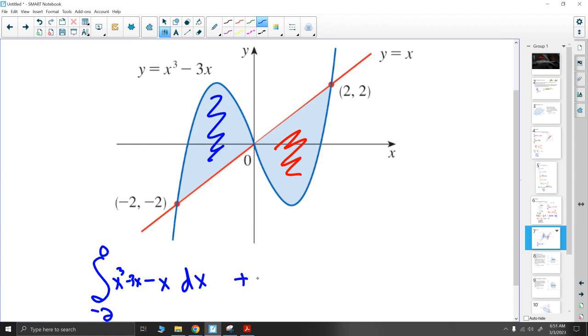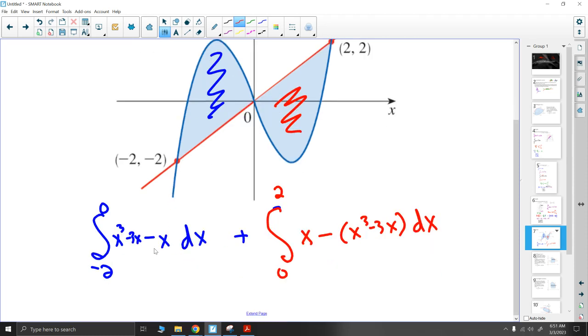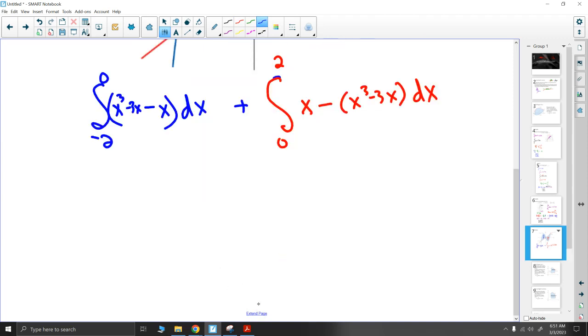Okay, then we're going to add that to the integral where the red function is bigger, so that's from 0 to 2, and that would be x minus our lower function, which would be x cubed minus 3x, dx. Okay, I should technically have parentheses around all of them, but it doesn't matter, since the dx is with everything, though I'm often lazy.